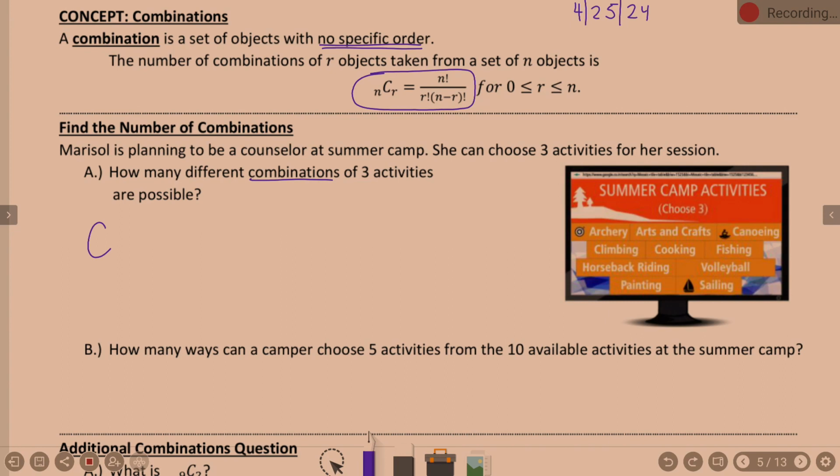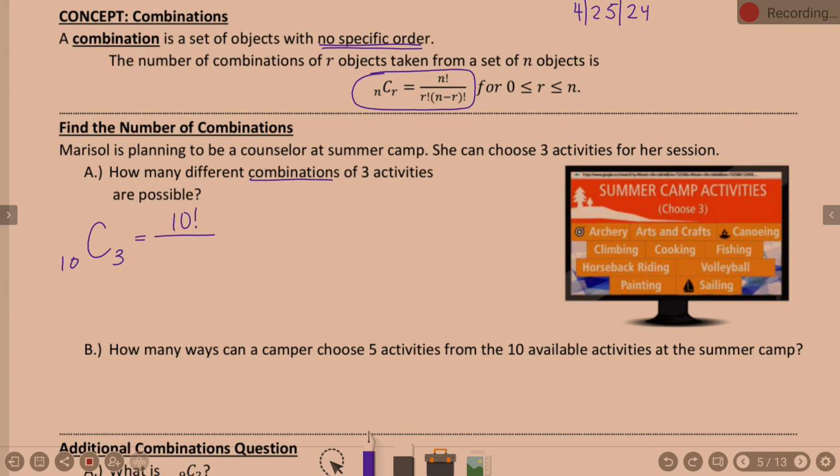How many things are we picking from? 10, because if you count the listing here on the screen, there's 10 different things listed. So it's a combination of picking from 10 items. And how many are we picking? 3, because she's picking 3 activities. Now, formula-wise, on top, n factorial, which is 10 factorial.